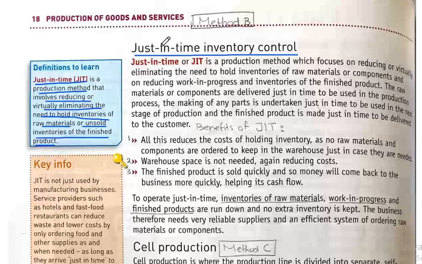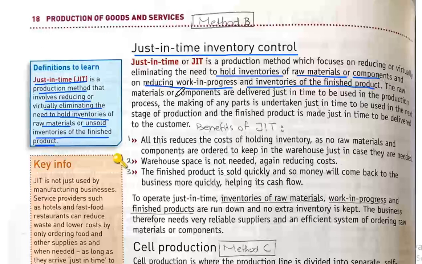Long story short, I make sure that I'm not storing any inventory of raw material, semi-finished products, or finished products. It focuses on reducing all held inventories of raw material or components, and reducing work in progress and inventories of finished product.